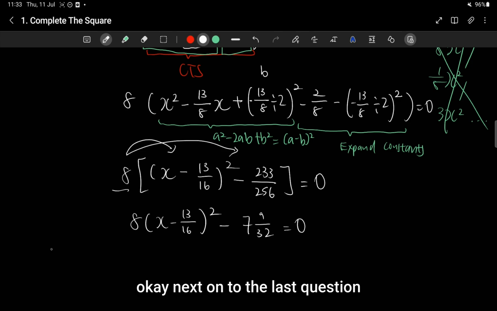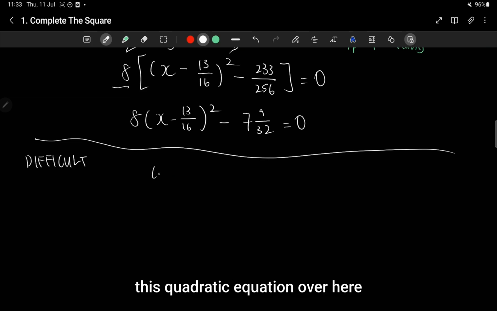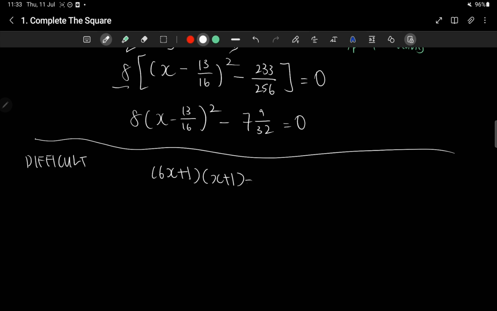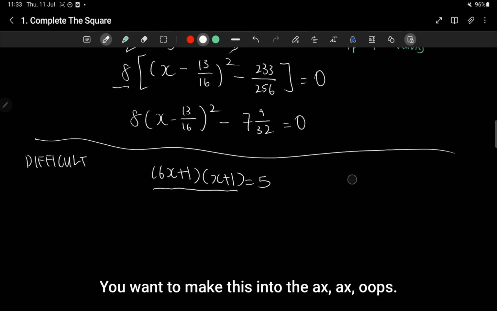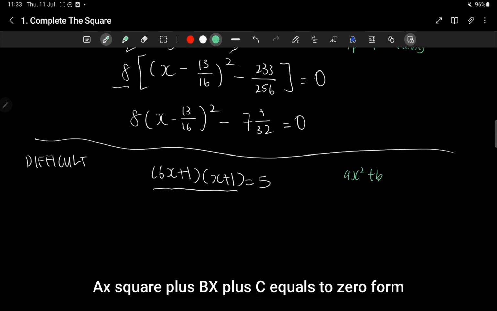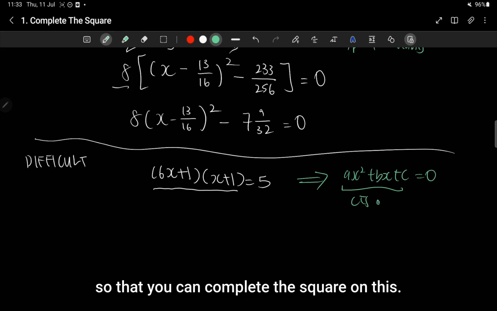Okay, next, on to the last question, which is your difficult one. So now we have this quadratic equation over here. And they ask you to complete the square for this. So the first thing you need to do is to expand this. You want to make this into the ax squared plus bx plus c equals 0 form, so that you can complete the square on this.